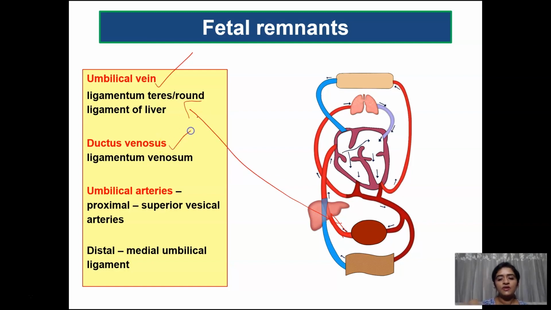Now what about the ductus venosus? In this portion, instead of the ductus venosus, you will be seeing a ligament that is known as ligamentum venosum. What about the umbilical arteries? This is the umbilical artery.